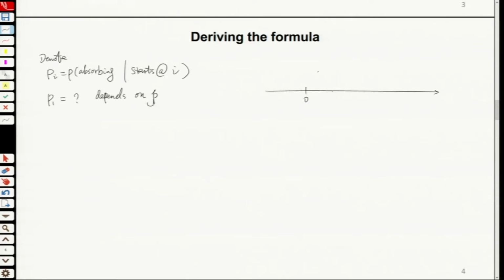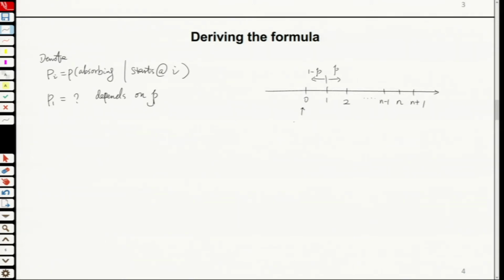So this is 0, and this is 1, this is 2, and we have -1 and +1. And to the right is P. This is 1 minus P. Okay.